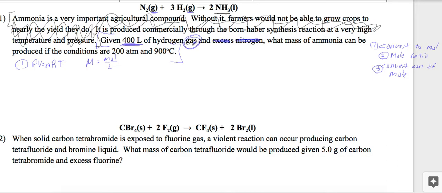So we're going to use Pivnert because that's our gas equation, not molarity. The second step then is our mole ratio. We're going to go from hydrogen gas, which is 3 moles, to ammonia, which is 2 moles.